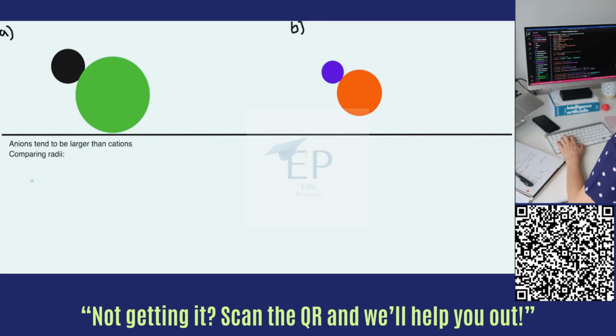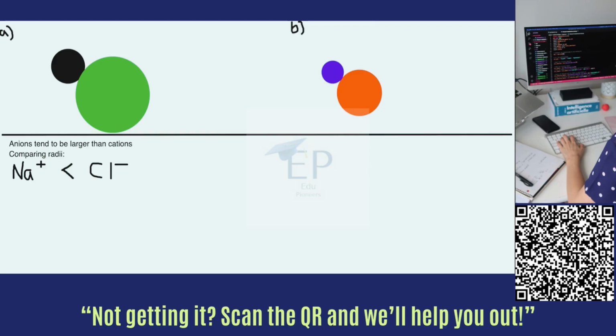The first ionic compound that we were given is sodium chloride. So let's compare the size of sodium to the size of chloride. We know that chloride must have the larger atomic radius. This is because chloride has one more energy level than sodium.